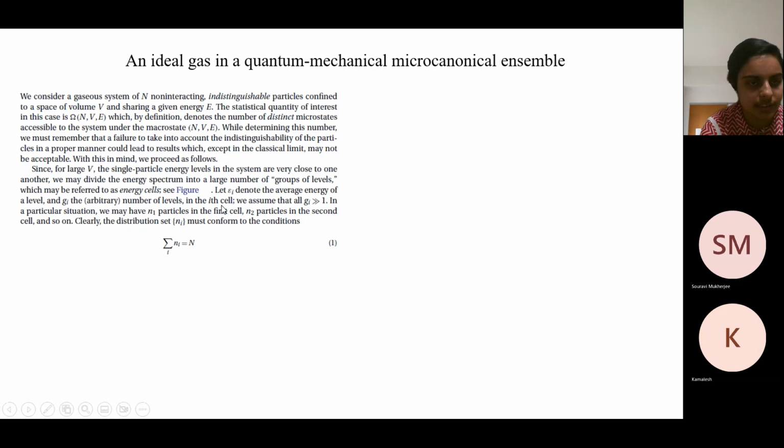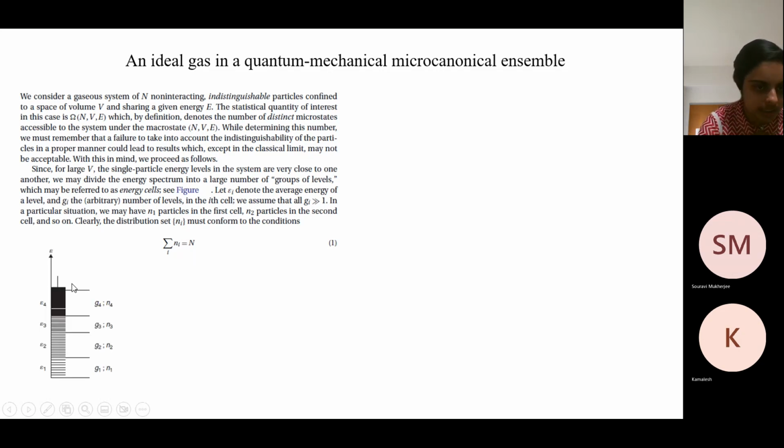And then in a particular situation you can have n1 particles in the first shell. The first shell signifies the first energy level with g1 degeneracy, and then you can have n2 particles in the second shell, and so on. So that's how your distribution is supposed to be. So the summation over n_i will give you the total number of particles.